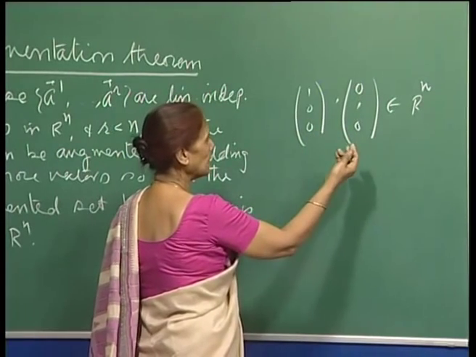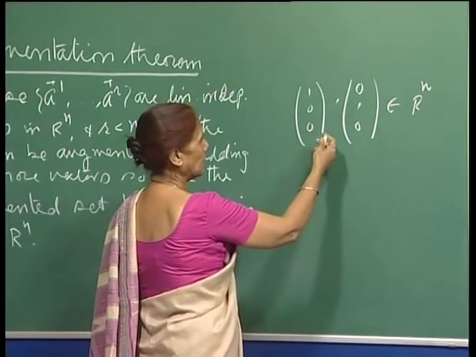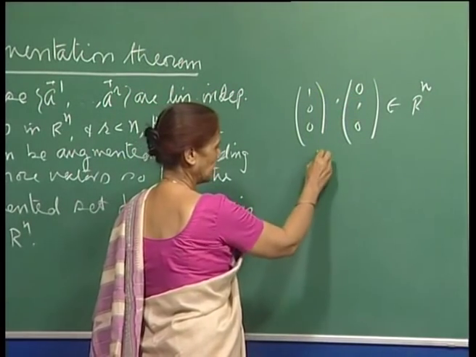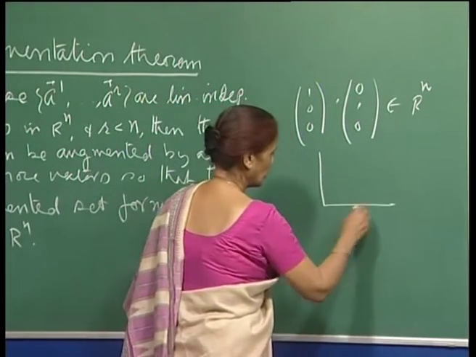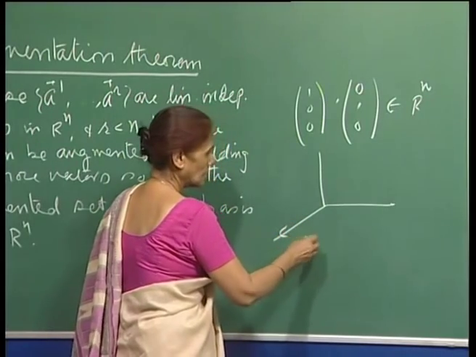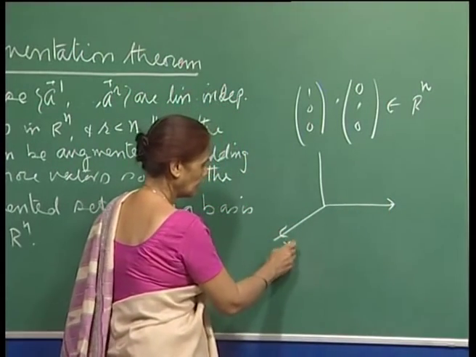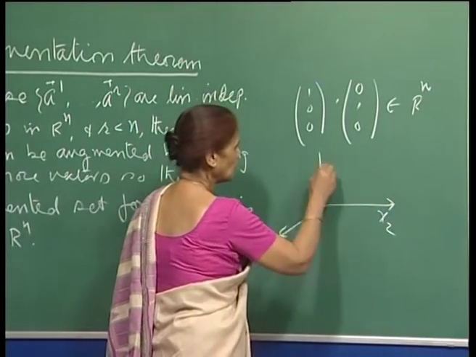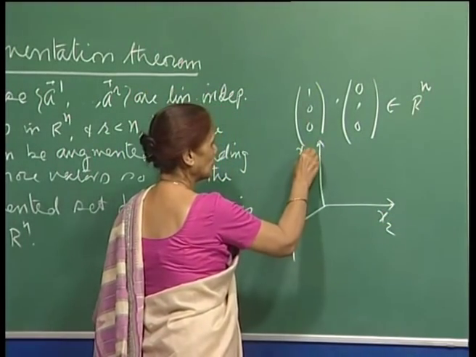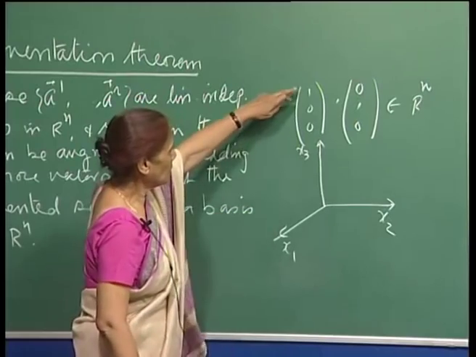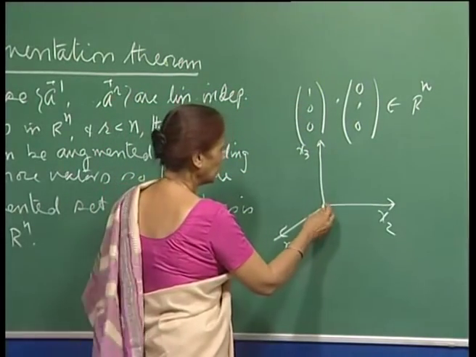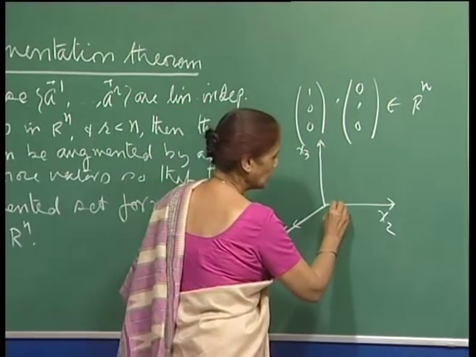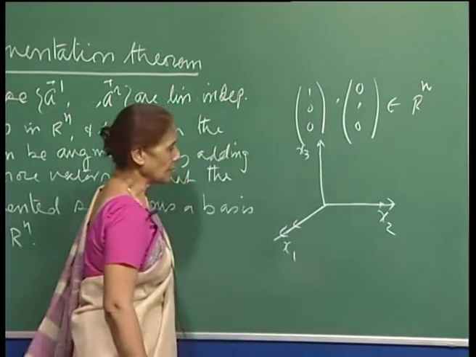I can augment it, and what is the idea behind it? Let me take the three dimensional picture. So, this is x1, x2 and x3, the three axes. 1 0 0 is the unit vector in this direction, 0 1 0 is the unit vector in this direction.